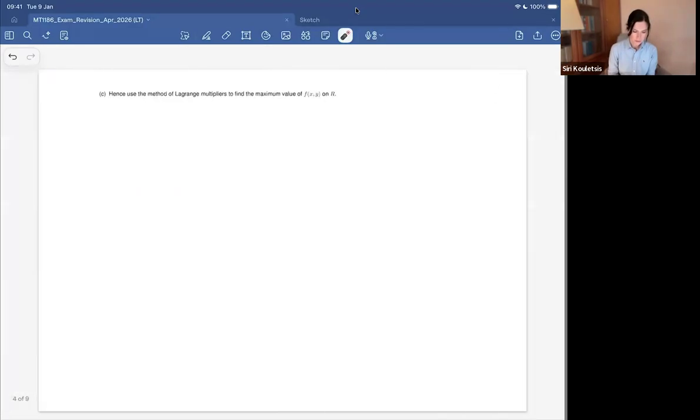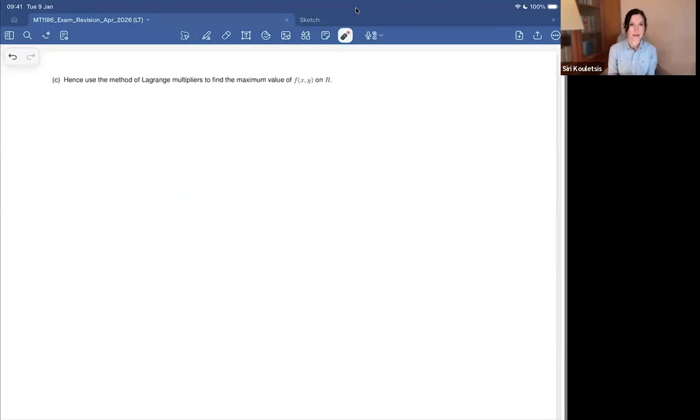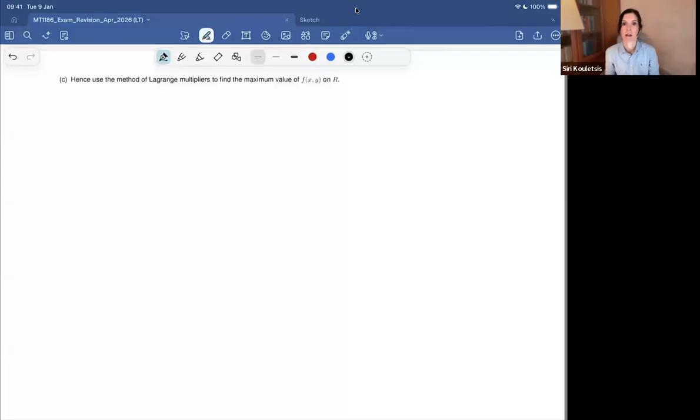And so now moving on to part C: hence use the method of Lagrange multipliers to find the maximum value of f of x and y on R. So I'll give you a head start there to write down the Lagrangian, just so that you can see where you stand at this point in your revision.